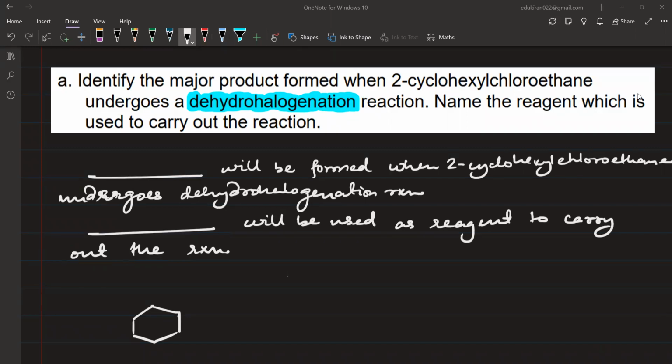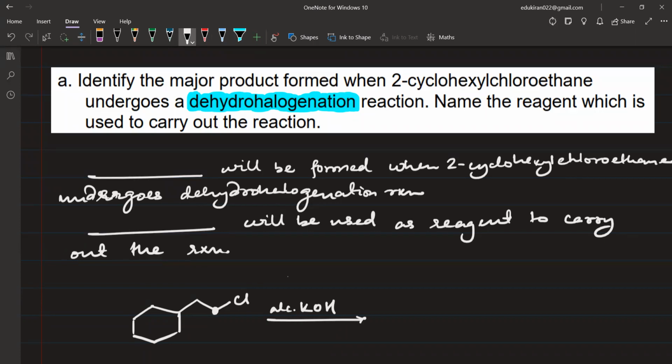This is 2-cyclohexylchloroethane. Dehydrohalogenation.